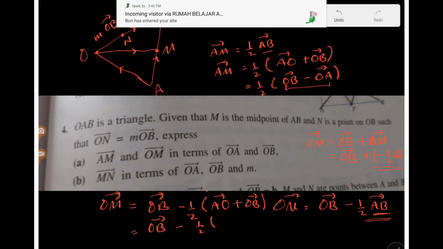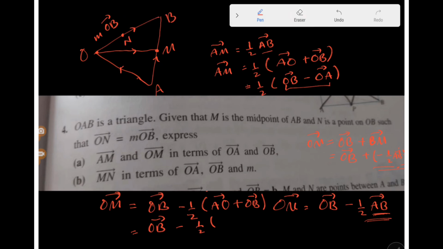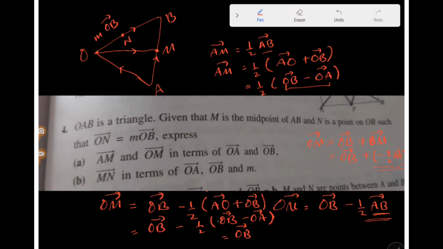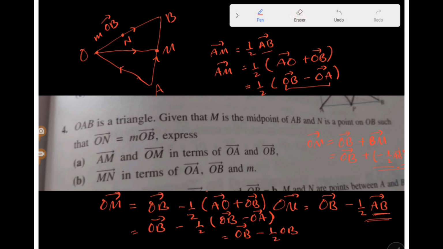AO, you can rewrite as negative OA, all right? So I hope you're following. Therefore, you can simplify this by opening the parenthesis. Negative half times OB is basically negative half OB. Negative half times negative OA is basically positive half OA.